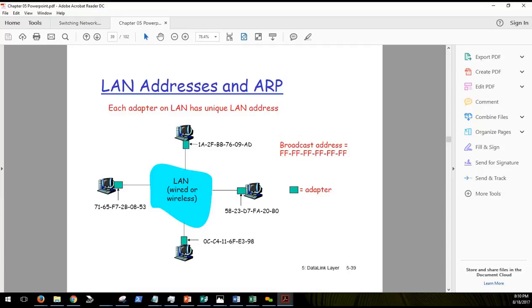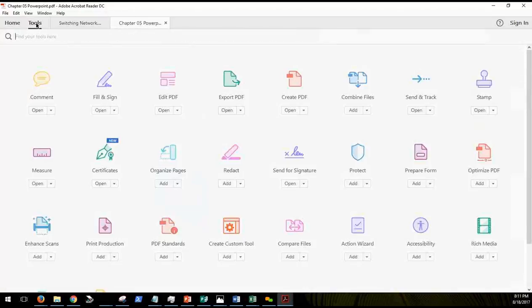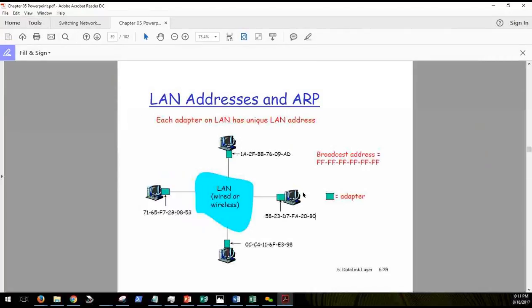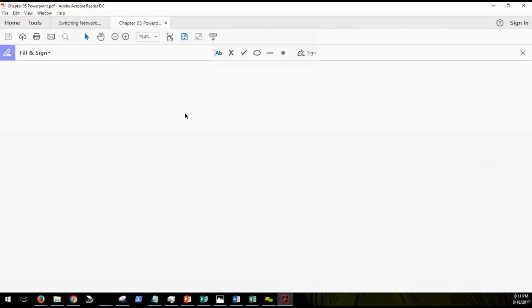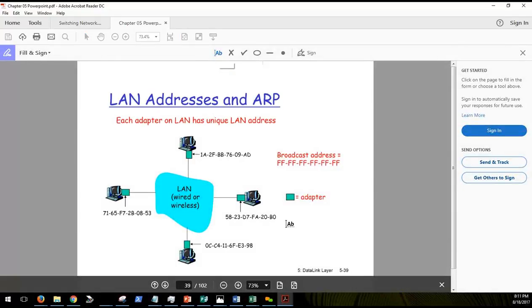Network Interface Card. NIC is equal to adapter.